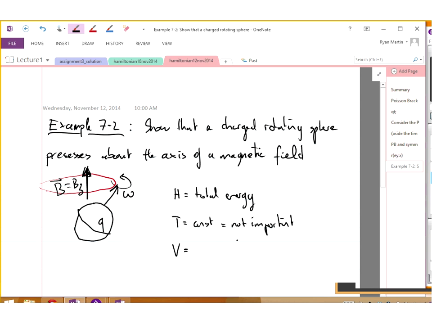And then V, the potential energy, is going to be something like mu dot B, where mu is the magnetic moment. All right, so the thing wants to align itself to the magnetic field. It can't because it has to conserve angular momentum, so it rotates.